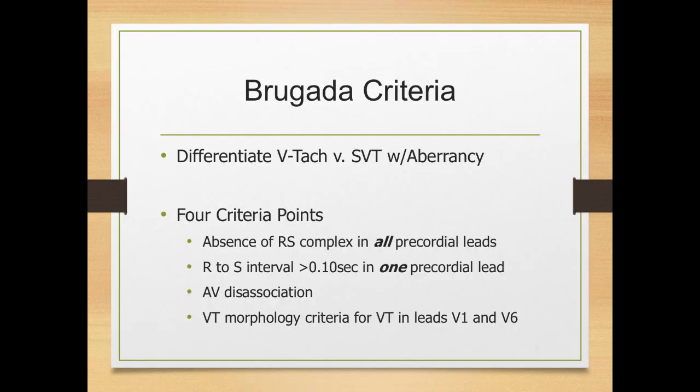And then let's talk about Brugada criteria. Instead of Brugada's sign, which is just one criterion, Brugada came up with a set of criteria for differentiating between V-Tach and SVT with aberrancy. And this is what I pull out every single time I'm thinking, is this V-Tach? Is this SVT? It happens like every single day, so the handful of times that this has happened to me, pull out Brugada criteria right away.